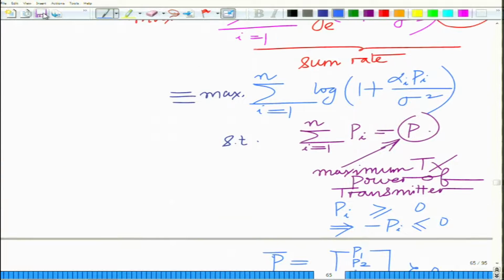Now, log is a concave function, and the sum of logs is a concave function. So this is a maximization of a concave objective function, which I can write as a convex optimization problem.